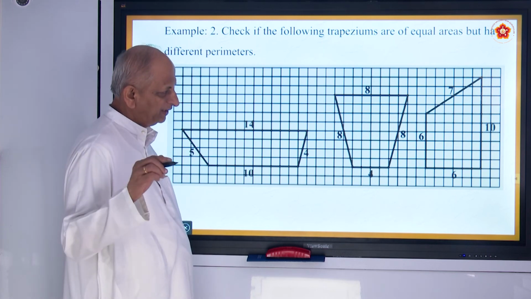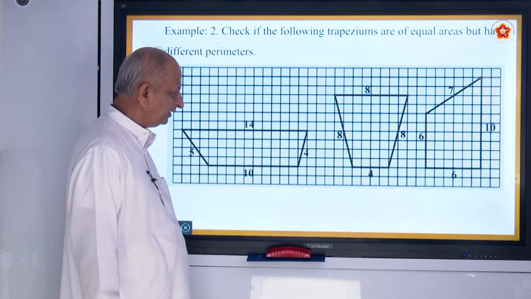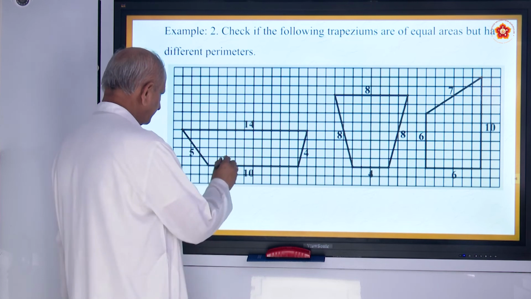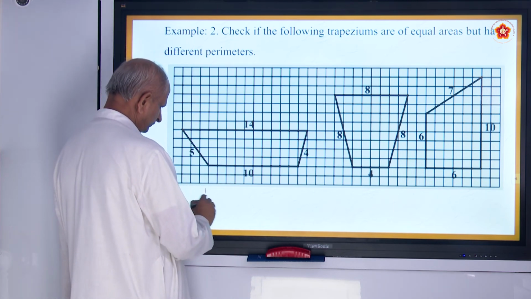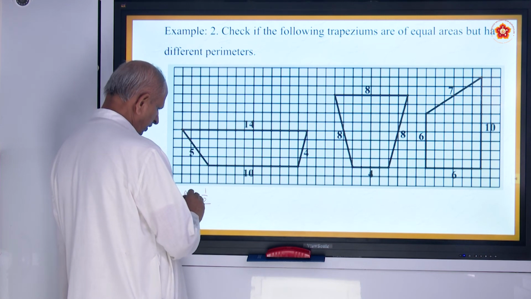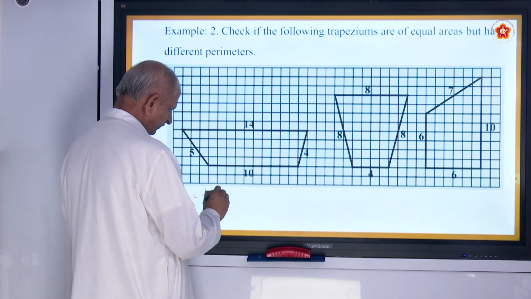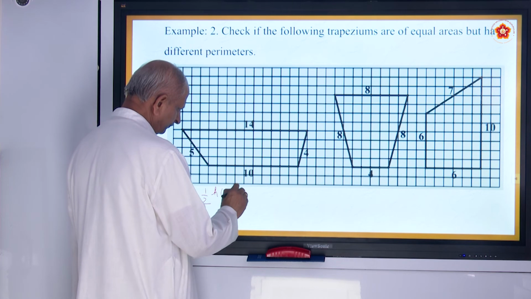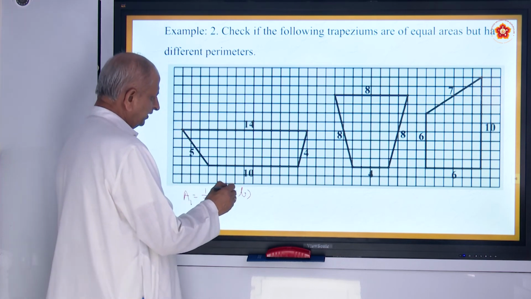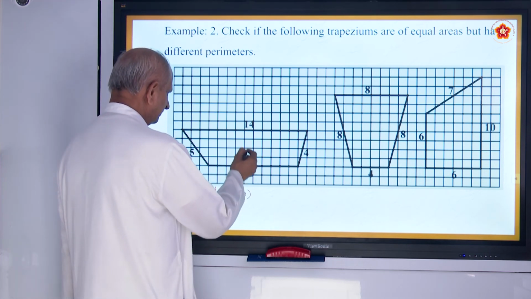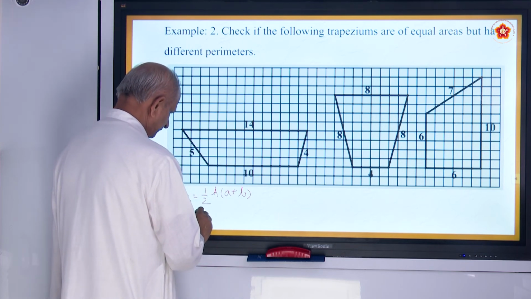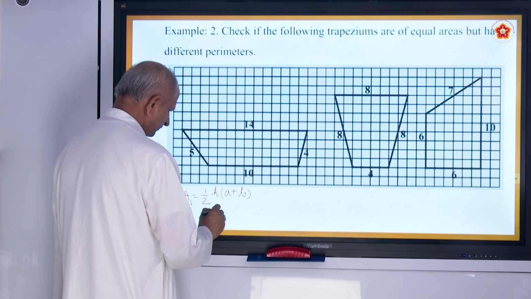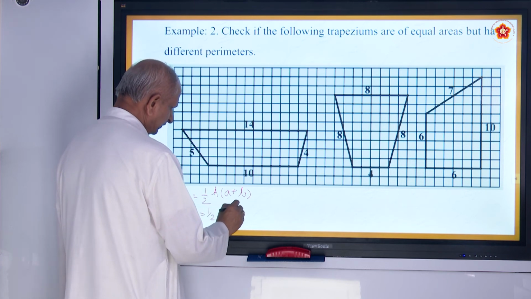You studied earlier that parallelograms will be equal in area. Now, what about this? So, area of the first trapezium is half of H into A plus B. What is A here? A is 10, B is 14. Half of 10 plus 14.